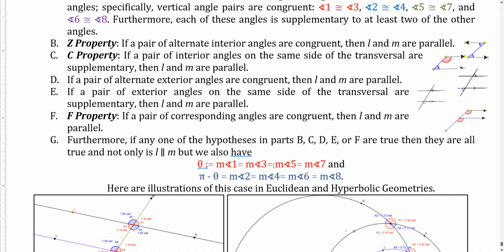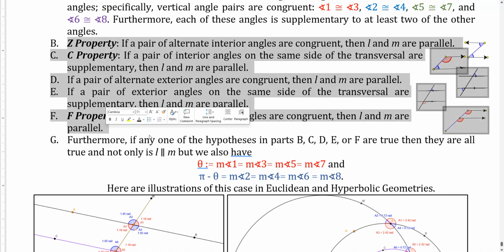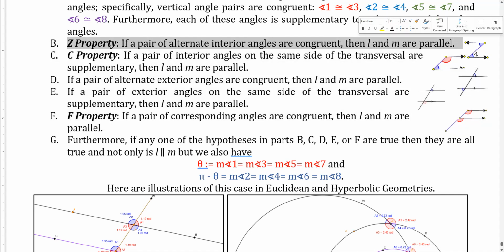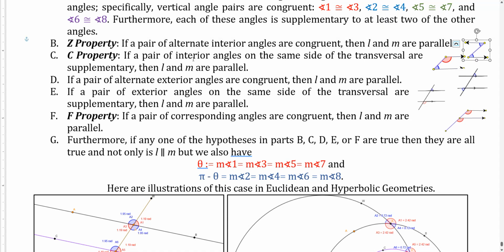Then what we notice is if you've got any one of these hypotheses up here, you have all of them, right? So we just have to prove one of these gives us parallel lines, and then we've proved that all of them give us parallel lines. So the key is going to be the Z property right there.